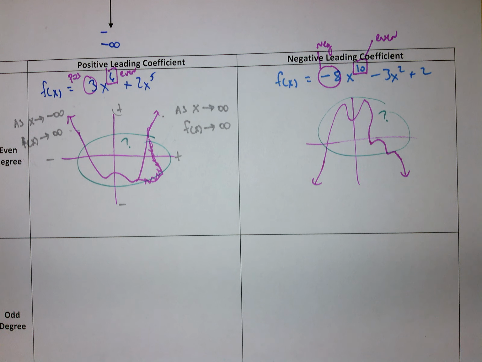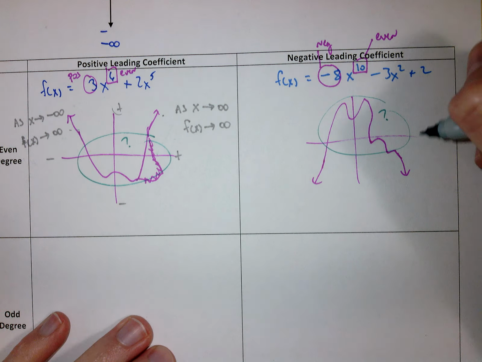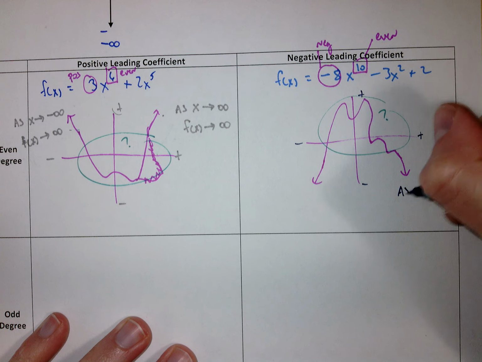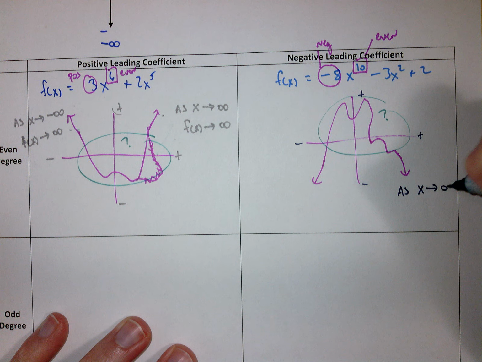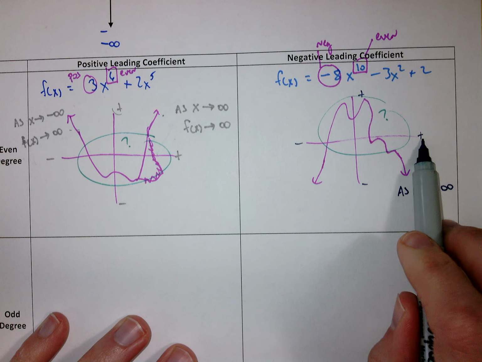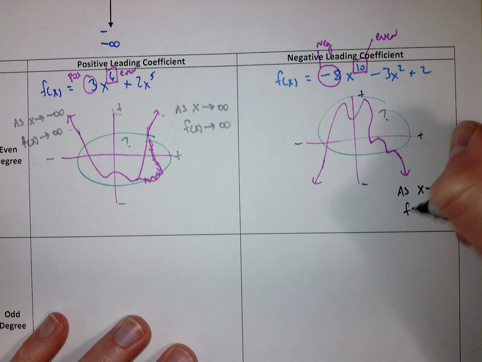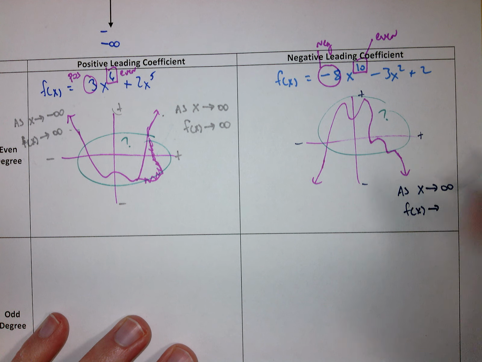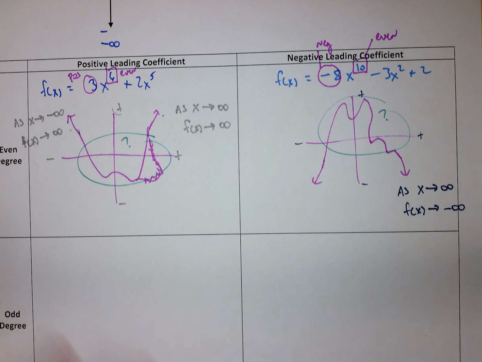All right, so from there, we can go ahead and write our end behavior. Remember, positive, negative, positive, negative. On this side, as x is approaching positive infinity, because I'm going towards the positive side, f of x is approaching, my y values are going down, so negative infinity.